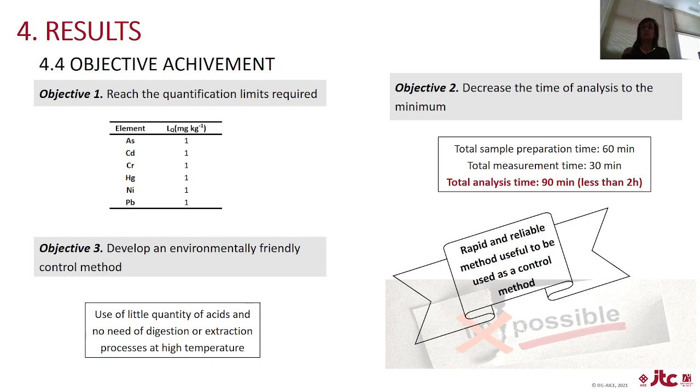The second objective was to decrease the time of analysis to a minimum. And finally, with the new methods of sample preparation, we obtain a total time between preparation and measurement of less than 2 hours for a sample.